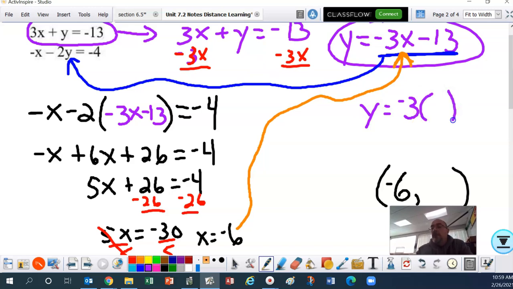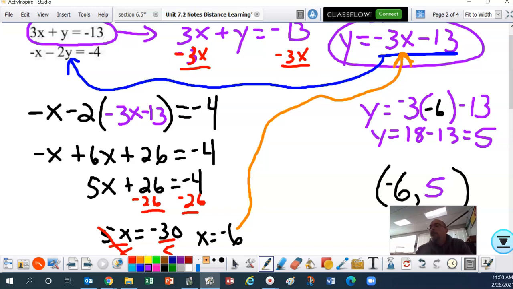I'm going to replace the x with the negative 6. So I get positive 18 minus 13, and that looks like that's going to be a 5. So my answer to this problem is negative 6, 5 as an ordered pair.